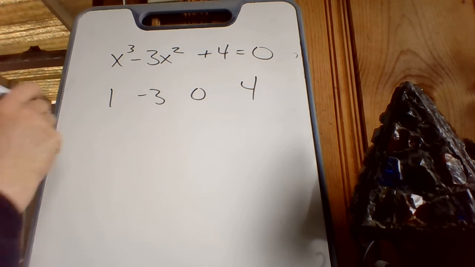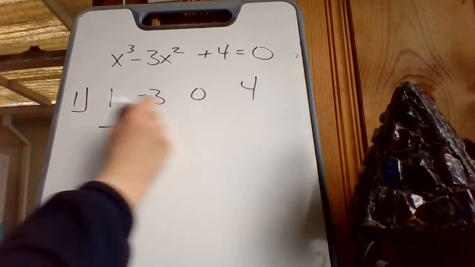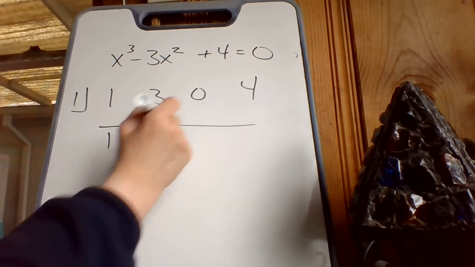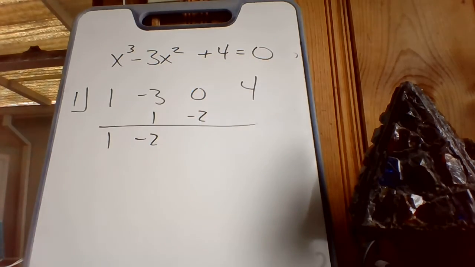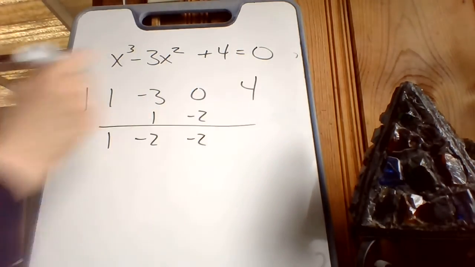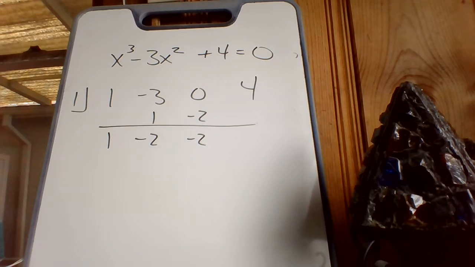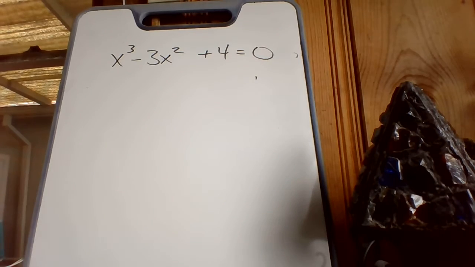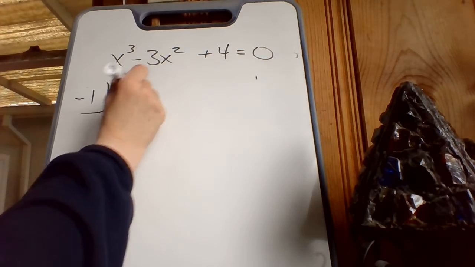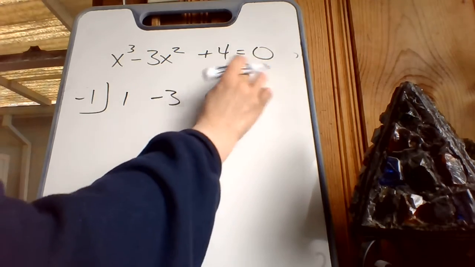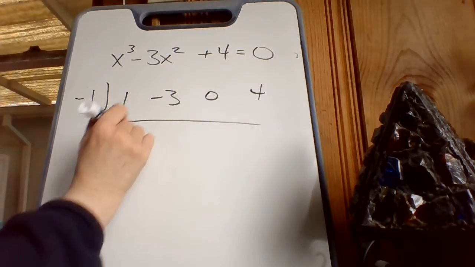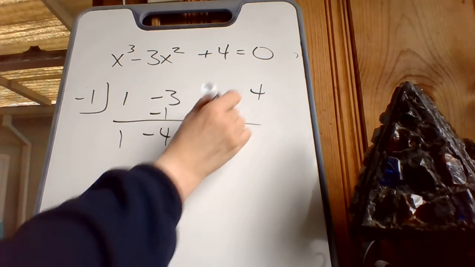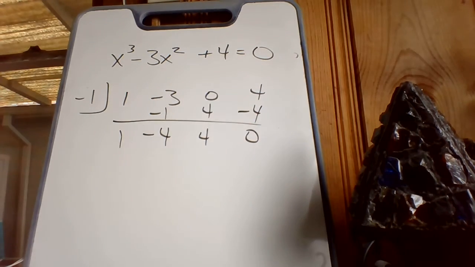All right, and then I start trying stuff. 1 times 1 is 1, -2. There's going to be -2, that's going to be -2, it's not working out. That's why I'm prepared for failure. There's a whole lot of it. Okay, -1. 1, negative 1, negative 4, 4, negative 4, 0.